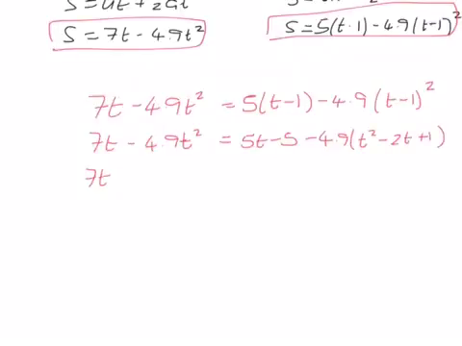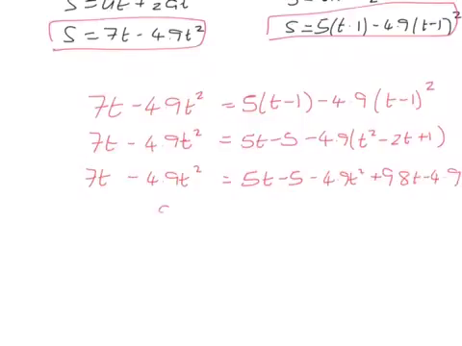And again, just expand out that last bracket, which will then allow us to start to collect the like terms. So we've got 5t minus 5 minus 4.9t squared plus 9.8t minus 4.9.